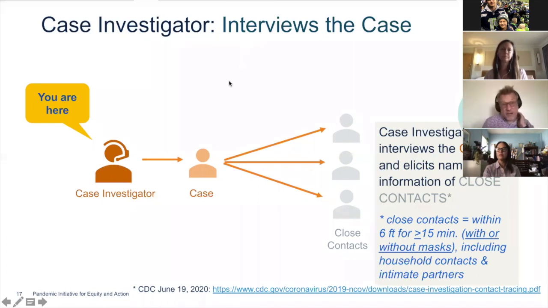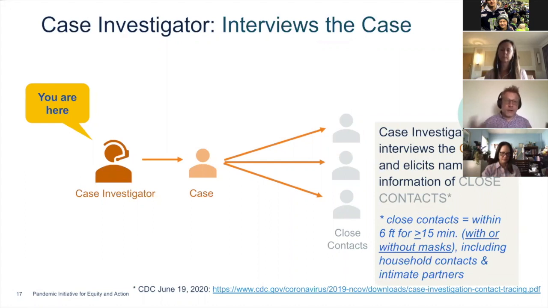Similarly with sexual partners. One last thing I would say here, and it's a little bit of nuance, but it's worth bearing in mind, is that 15 minutes is cumulative rather than consecutive. For example, if you got picked up by your neighbor and you drove together to work and you were in the car together for 10 minutes, and then your neighbor picked you up at the end of the day and you drove back home again, and that was another 10 minutes, and it turns out that the neighbor had COVID, well, you could say, I didn't ever spend more than 10 minutes in close proximity with that individual.